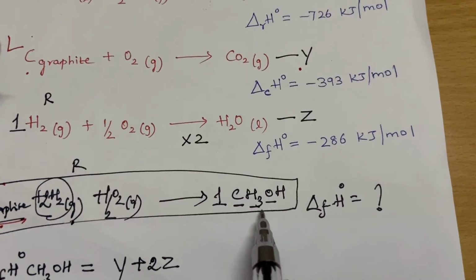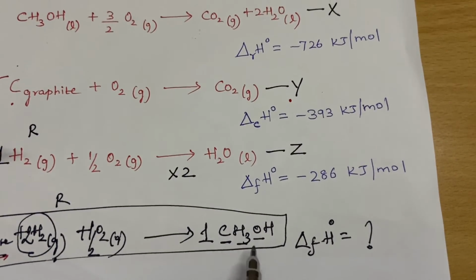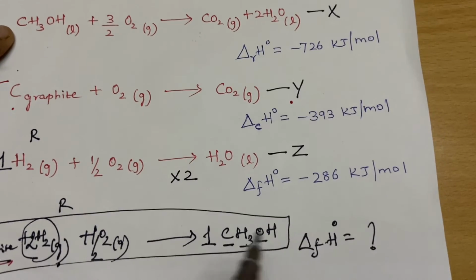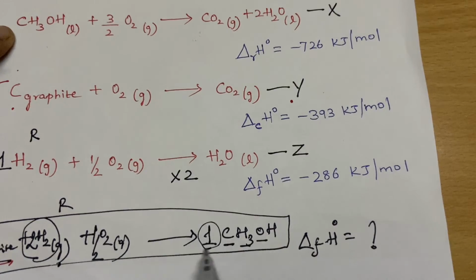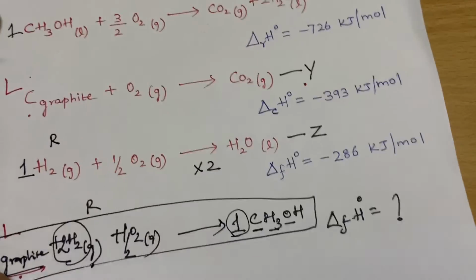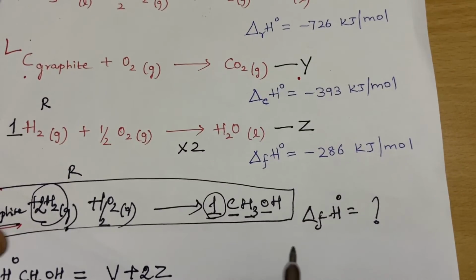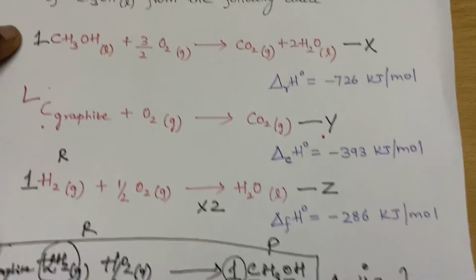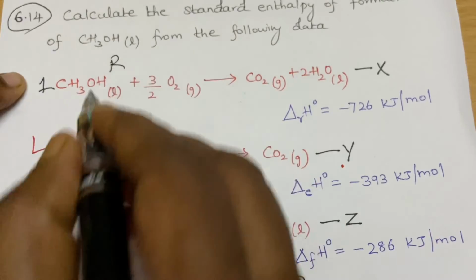Then coming to methanol. Where the data is given, methanol is present in this equation. Then check for the number of moles. Here 1 mole and here also 1 mole. Then check for the side. It is on the product side, but in the given data, it is present on the reactant side.